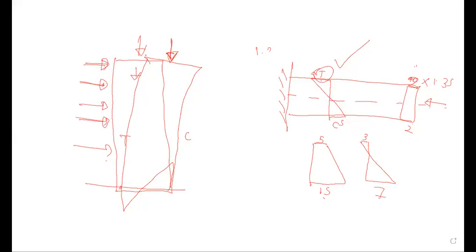Hope you can see the whiteboard. When you have a building like this, it doesn't matter which code you are using. This side is the windward side when the wind is acting this way, and this one is the leeward side.